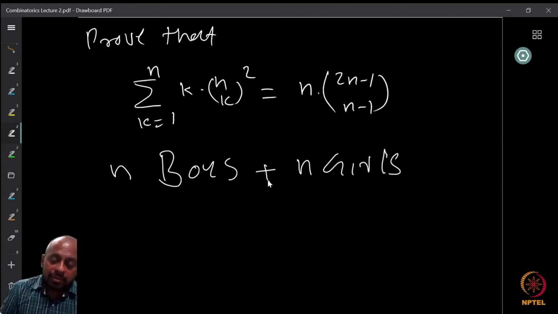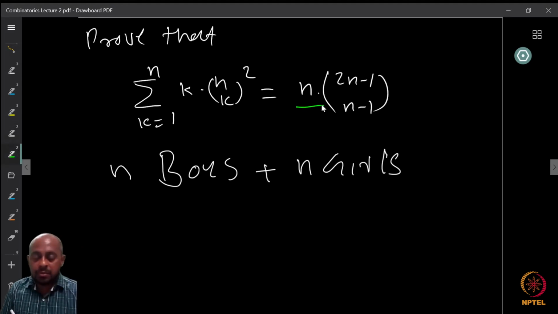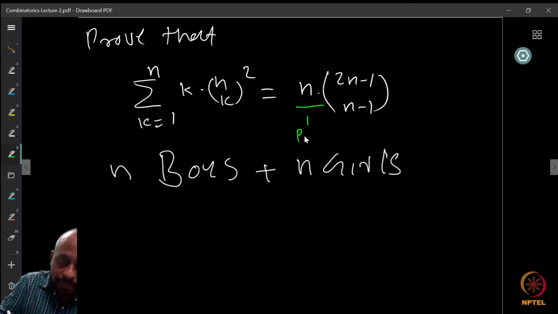So therefore, we will choose a lady president, and then we will have the remaining members. Now we can see what is on the right side. From the n girls, I can choose one president for the club in n possible ways.